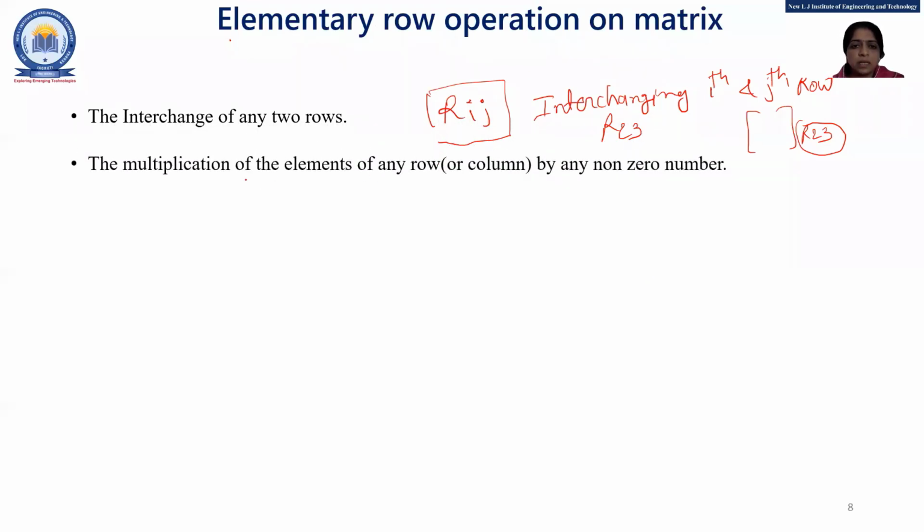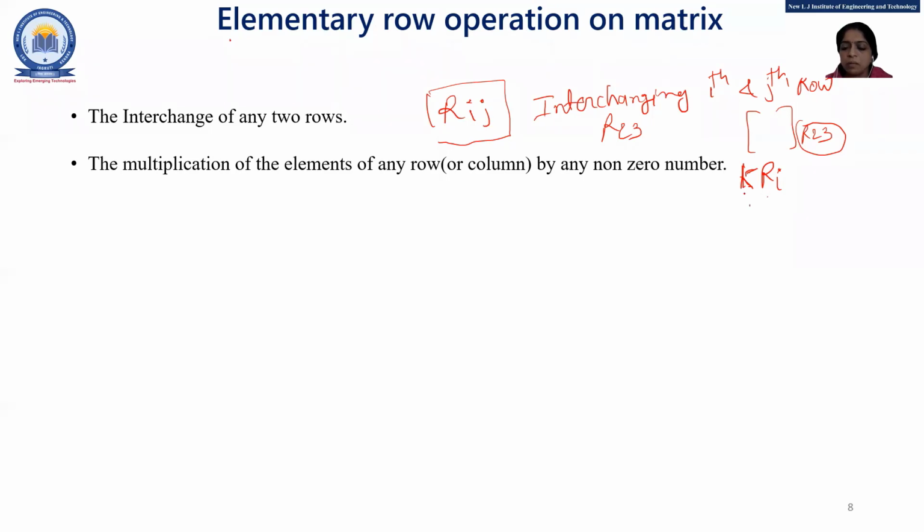Now, the second operation. That is the multiplication of the elements of any row or column by any non-zero number. Suppose I write here kRi, where k is any non-zero number and Ri means my ith row. Listen carefully, what does it mean?